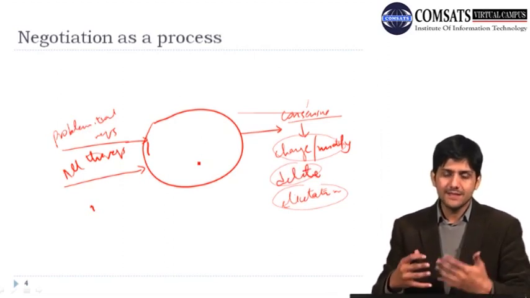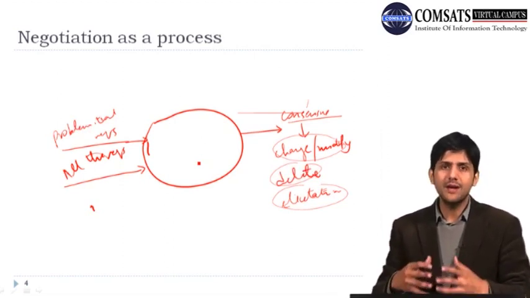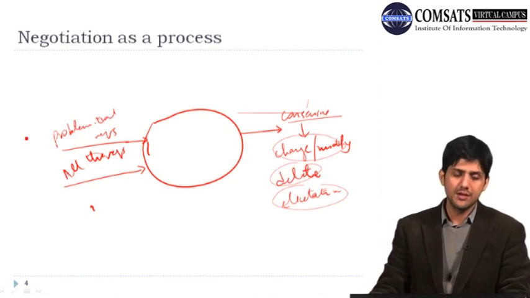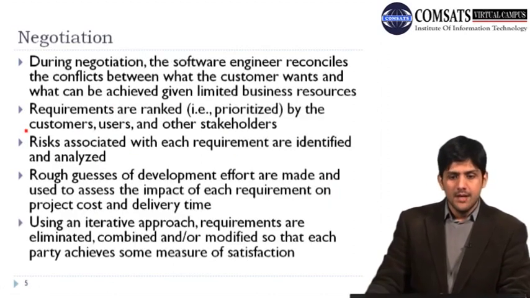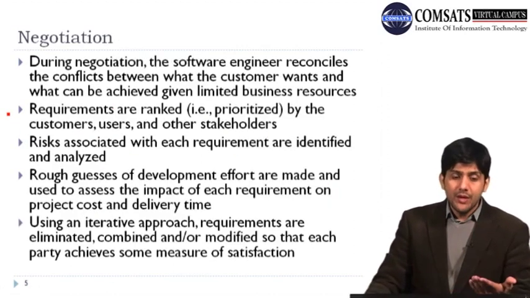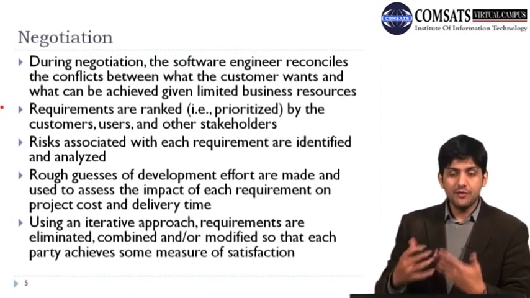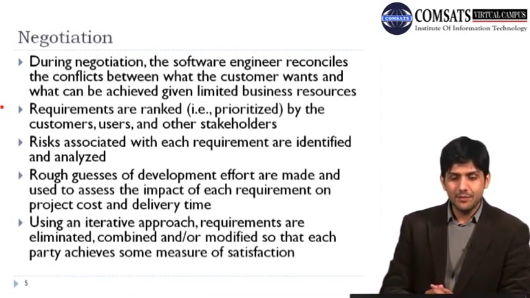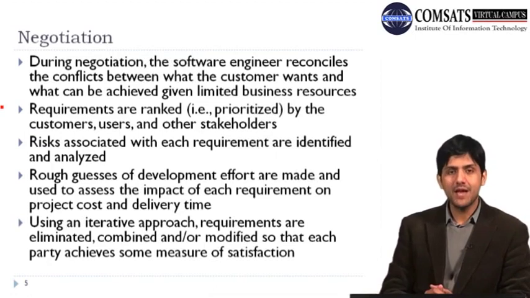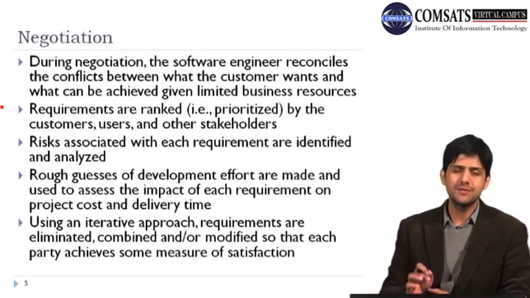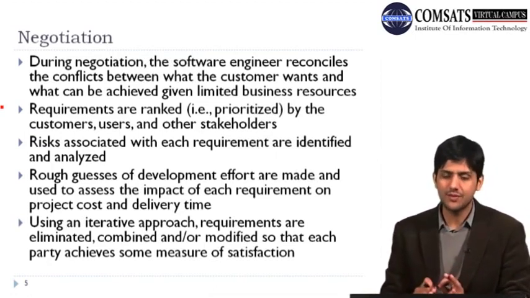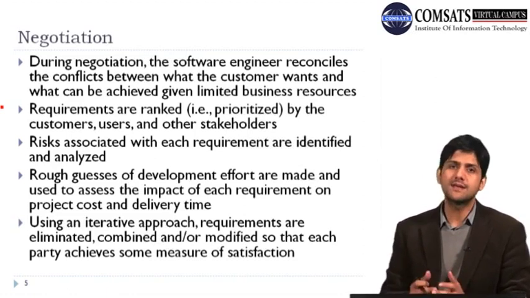So let's try to identify what the activities within a negotiation process are. What do we do during negotiation? The software engineer reconciles the conflicts between what the customer wants and what can be achieved given limited business resources. This is the crux of negotiation: we have to reconcile the requirements.